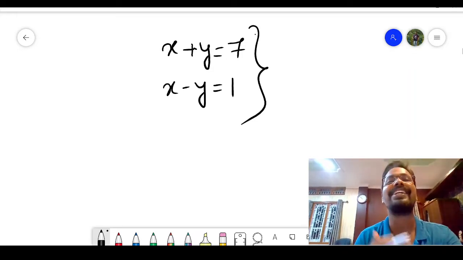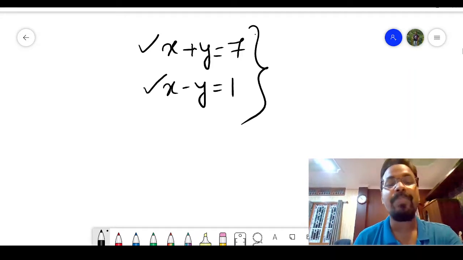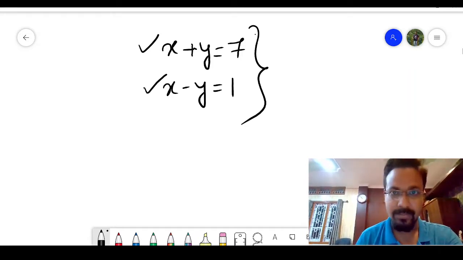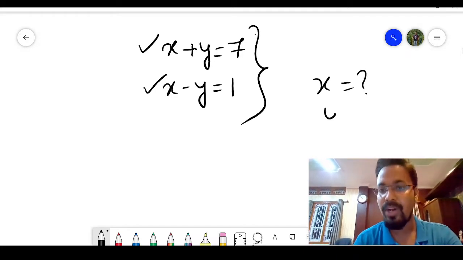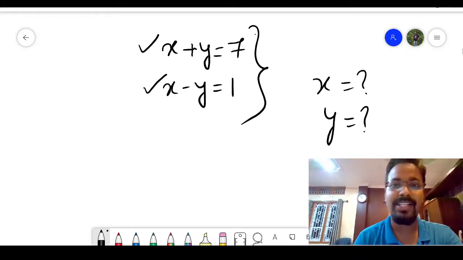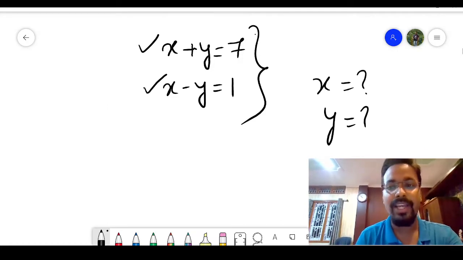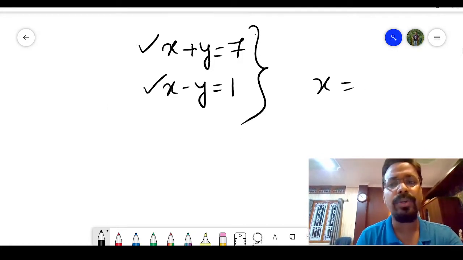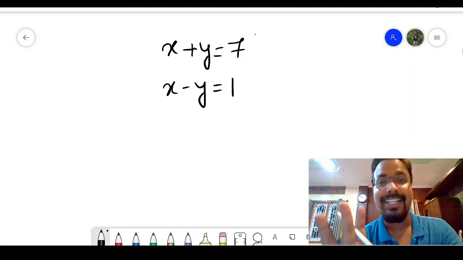These are simultaneous equations, meaning the values of x and y must satisfy both the equations. One pair of solution means one value of x and one value of y must satisfy both these equations. So what we have here are two equations, x plus y equal to 7 and x minus y equal to 1. Now let us see how to express this graphically.